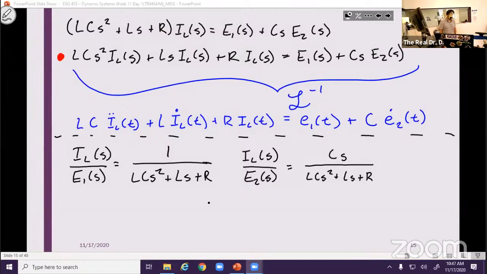What if I had solved this for E sub C? We're not going to do it right now, because we've got other stuff to get through. But you get the same characteristic equation, because the characteristic equation is the characteristic equation.